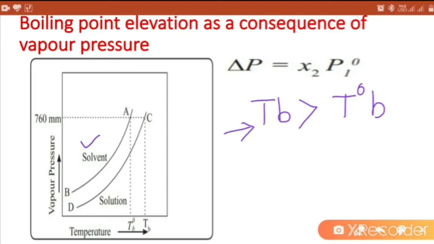We know at boiling point the vapor pressure is 760 millimeter.